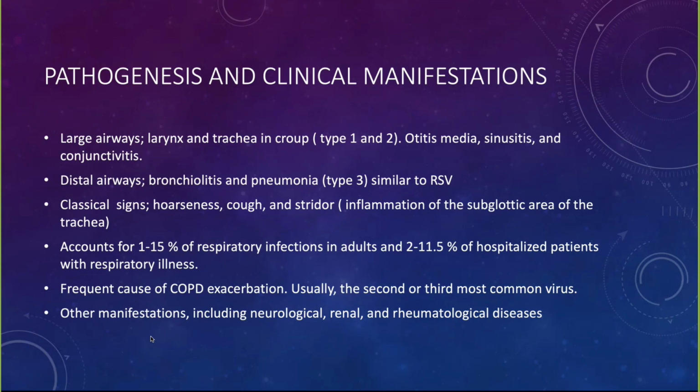It's a frequent cause of COPD exacerbation, again particularly in older patients, and is usually the second or third most common virus associated with COPD exacerbation. There are other clinical manifestations associated with parainfluenza virus, and that includes neurological, renal, and even rheumatological diseases.